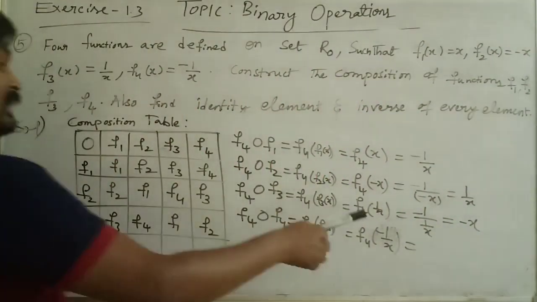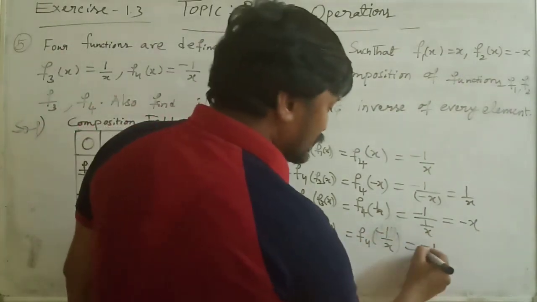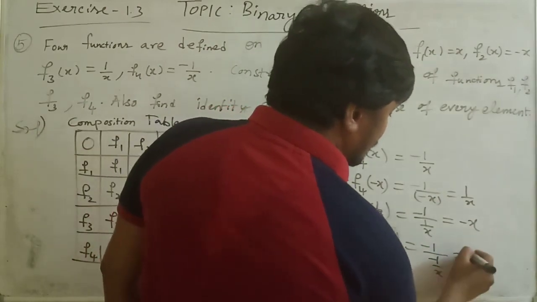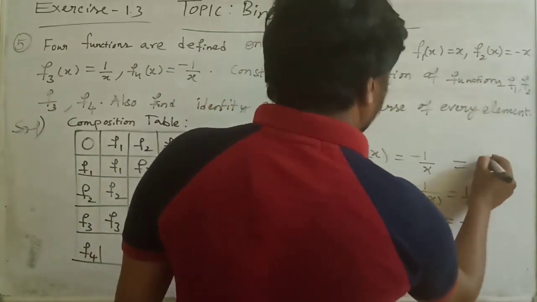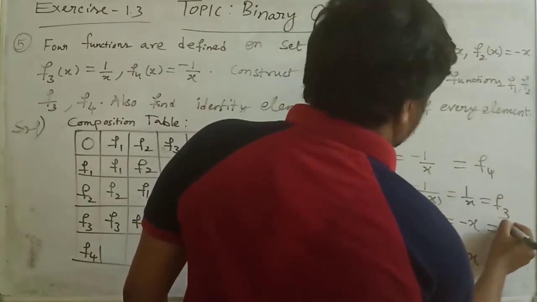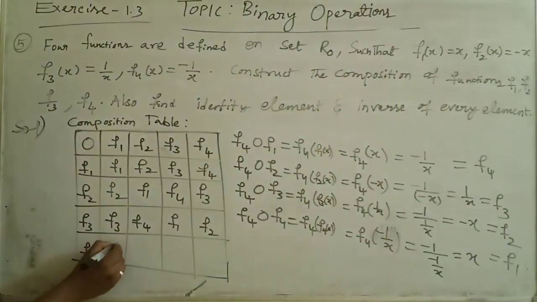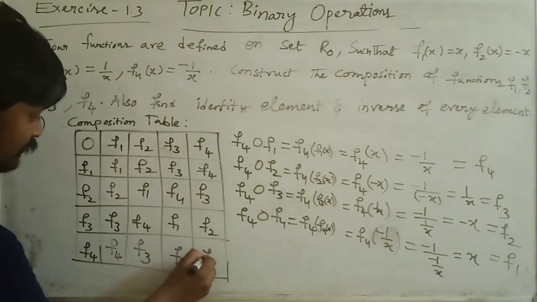Then f4 of minus 1 upon x is minus 1 upon minus 1 upon x, minus into minus plus, so you get x. And this minus 1 upon x is nothing but f4, the other one is f3, next minus x is f2, and the next one is f1. So the row is f4, f3, f2, f1.